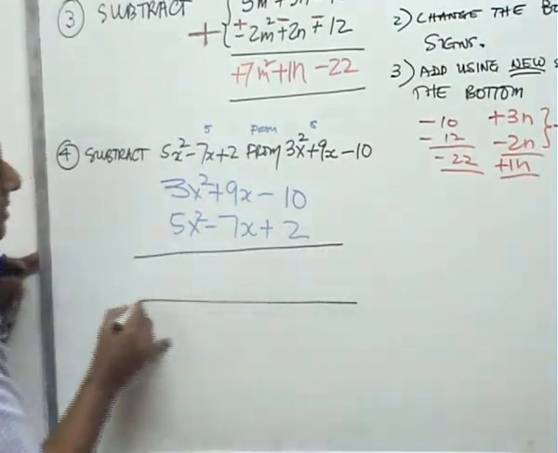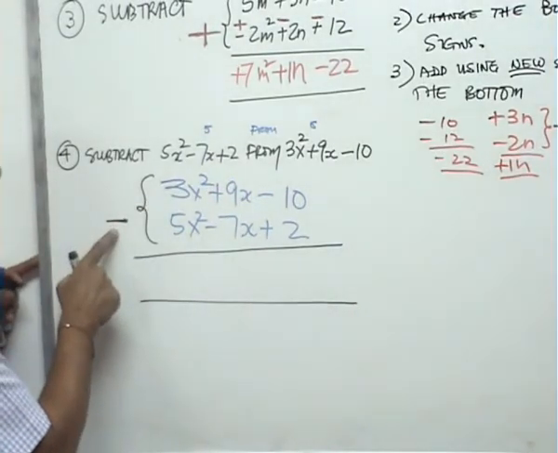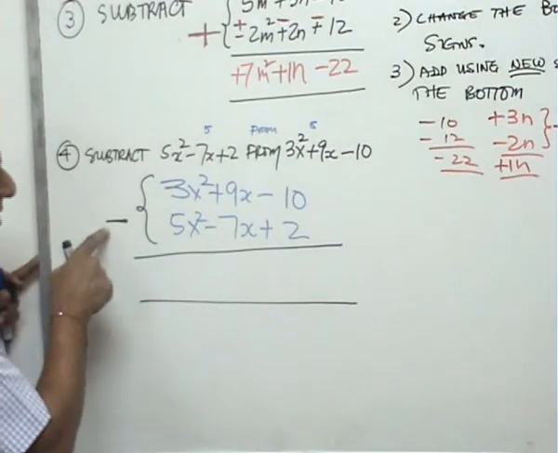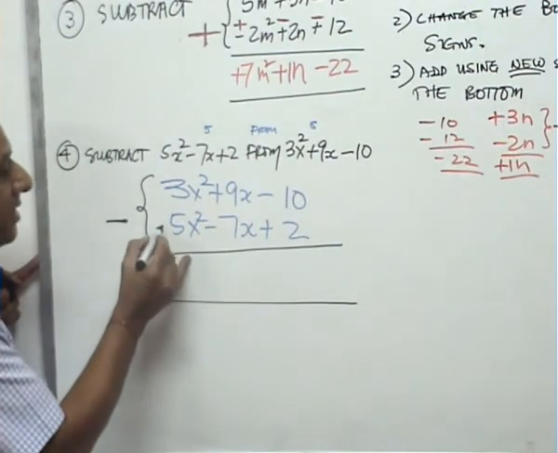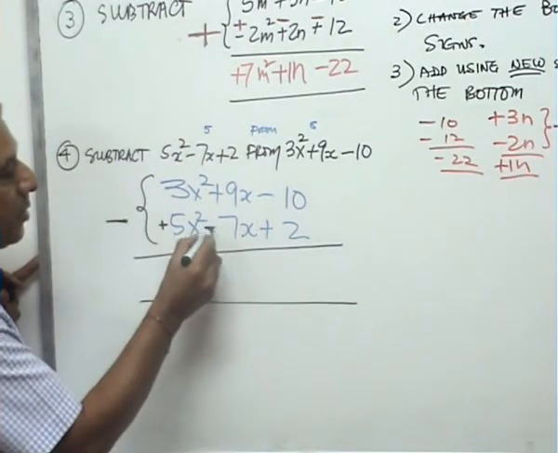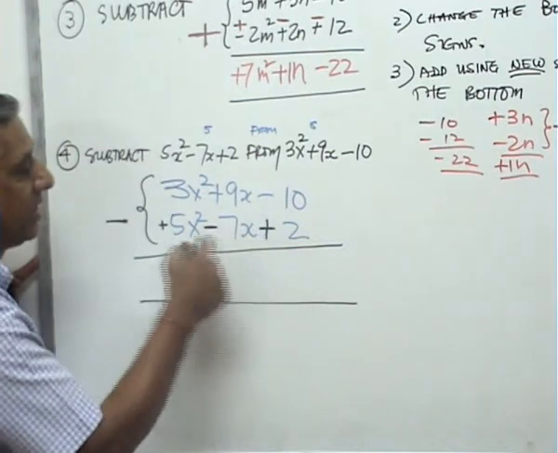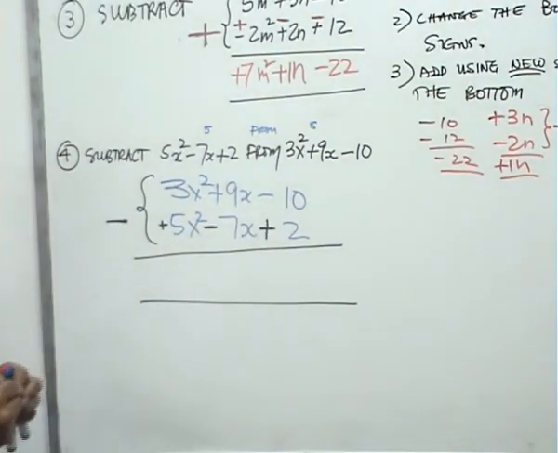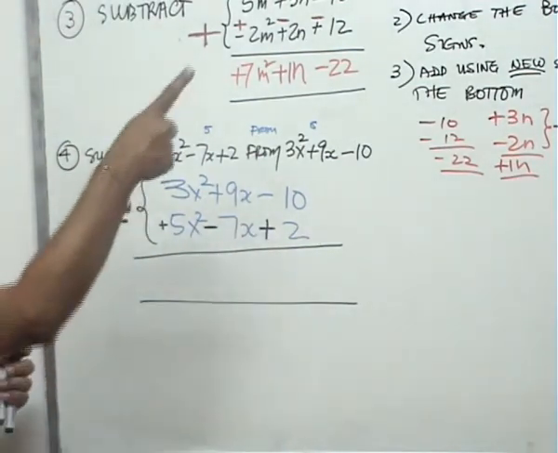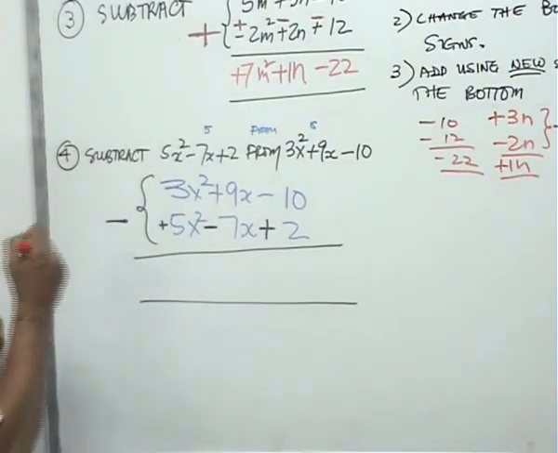Now, this is a subtraction example. There's a subtraction sign. This has a plus sign. This has a minus sign. And this has a plus sign. But these signs have to be changed, because it says, number 1, change the minus to plus.